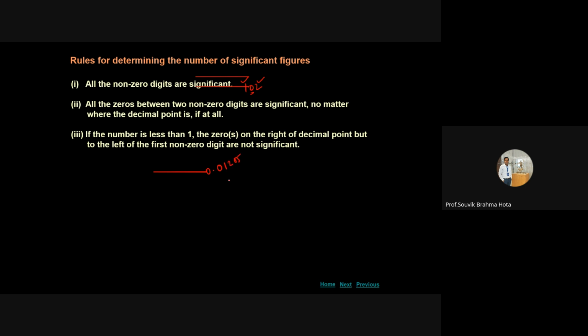You have 0.01205. This is less than 1. The zeros on the right of the decimal but to the left of the first non-zero: this is the first non-zero, 1. So this 0 is left of that first non-zero, so that is not significant.